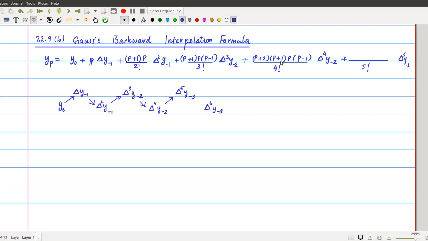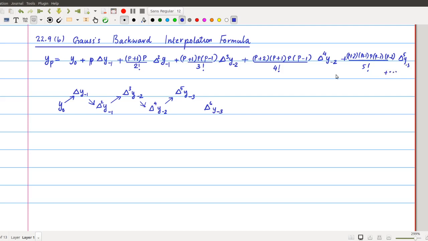Starting from p here, then we have p plus 1 here, then p minus 1 here, then p plus 2, then you incorporate p minus 2. So p plus 2, p plus 1, p minus 1, then p minus 2. So we have 5 terms divided by 5 factorial times this, plus etc.